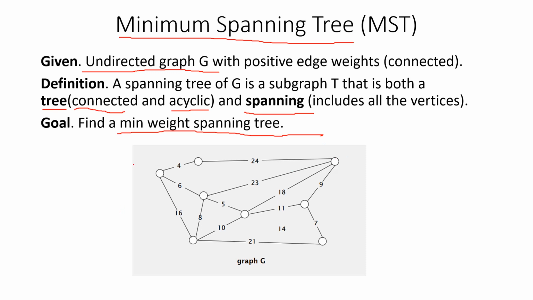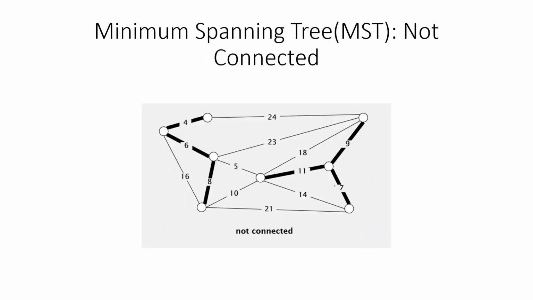For example, let's say that we have an undirected weighted graph here, and let's consider which one can be a candidate for the minimum spanning tree. For example, this one cannot be a minimum spanning tree. The minimum spanning tree here is represented with the black colored edges, and this one is not a minimum spanning tree because, as you can see, it is not connected.